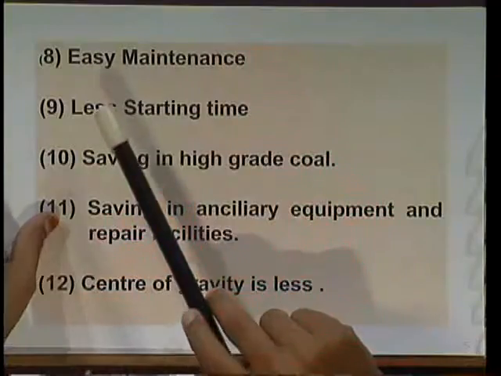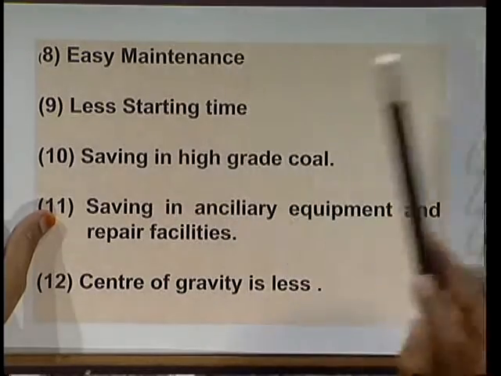The next advantage is its easy maintenance. The maintenance cost and also the maintenance time of the electric locomotive is much less compared to steam engine drives. It is nearly 50% less compared to steam engine drives.